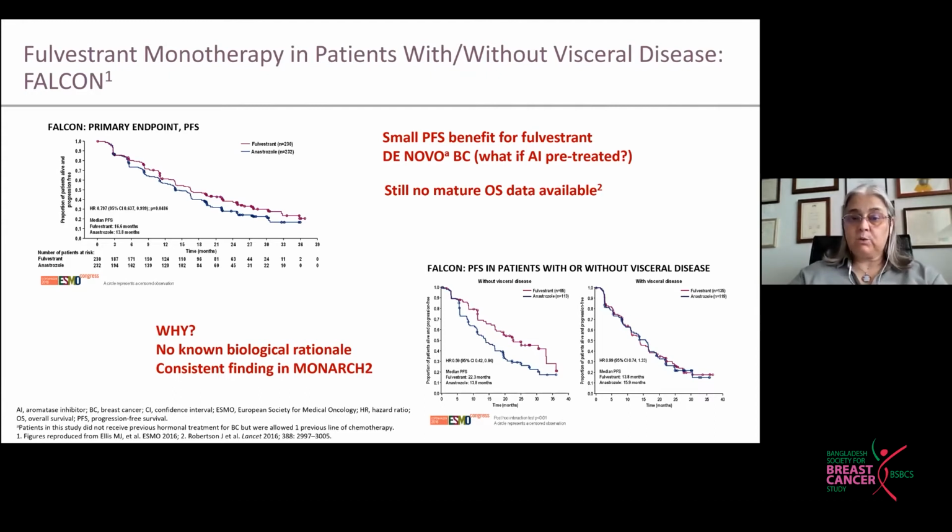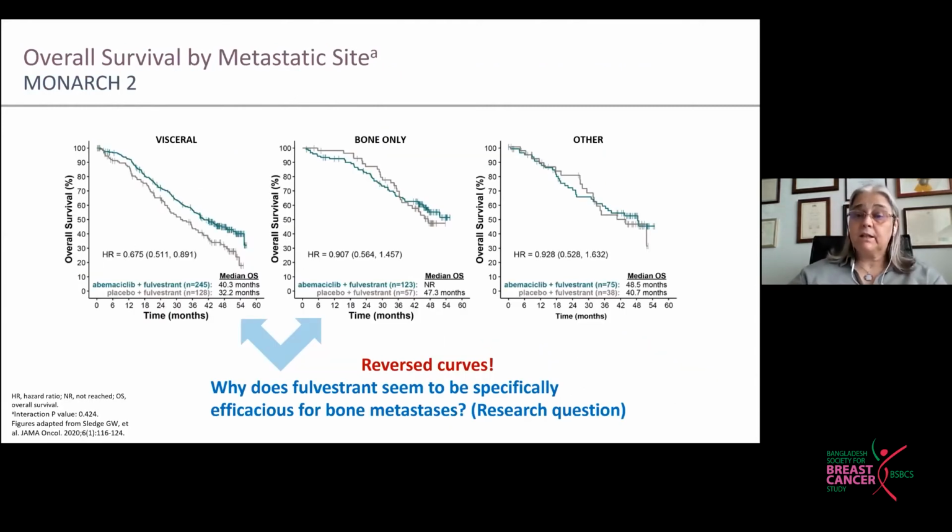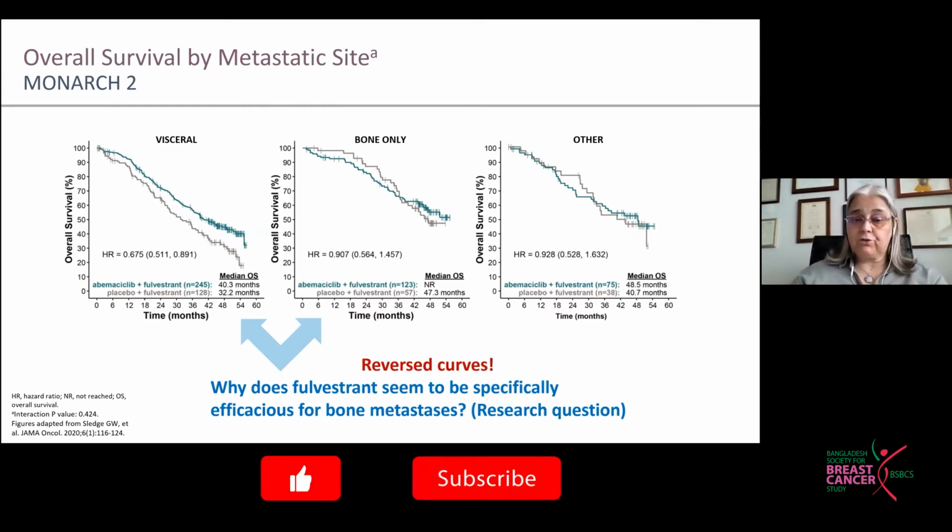But the fact is that we see this reproduced in other trials. For example, in a trial with a CDK4/6 inhibitor, if you see in the bone-only disease, the fulvestrant alone has a very powerful effect. So maybe there is a reason, and we have to go back to basic research to try to understand why.